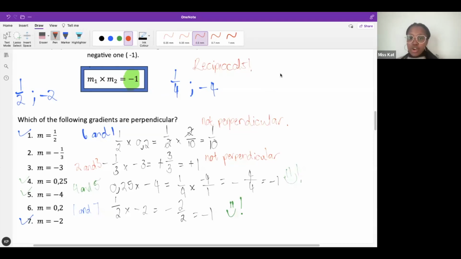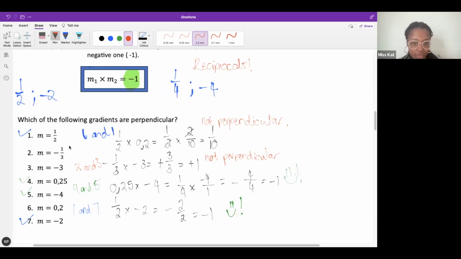Okay, these are reciprocals of one another. So that means, first of all, one of them has to be positive or negative. And then secondly, they have to be reciprocals of one another. If that is the case, then you will easily be able to identify perpendicular lines. Look at number 1 and 2 and 3, excuse me. They were almost perpendicular, but what is missing?